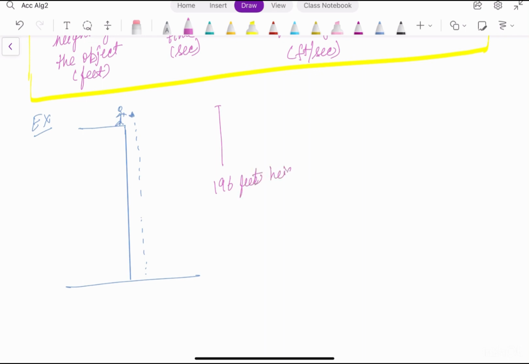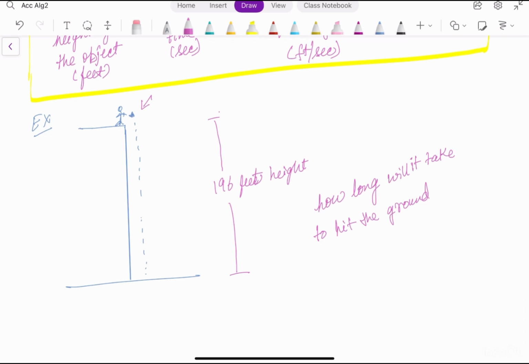This is given. They are asking how long it will take for the object to reach the ground. Again, understand the scenario: someone is standing at a height of 196 feet and drops an object. We need to calculate how long it takes for that object to reach the ground.